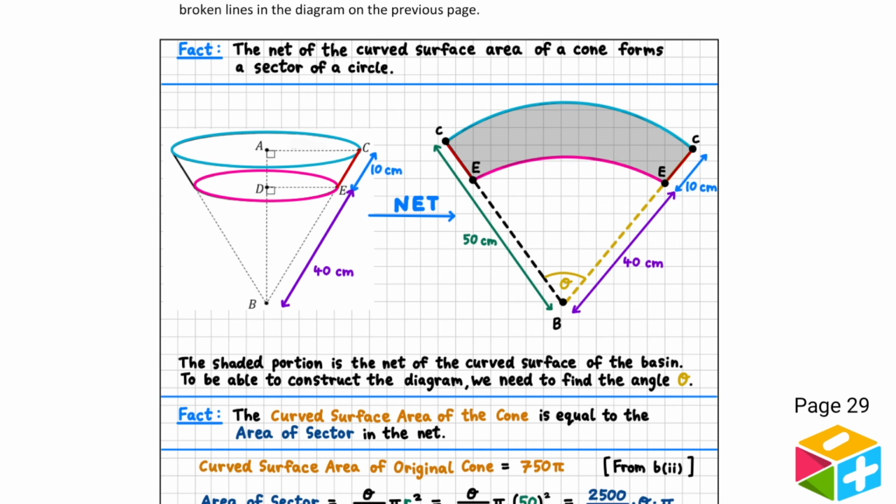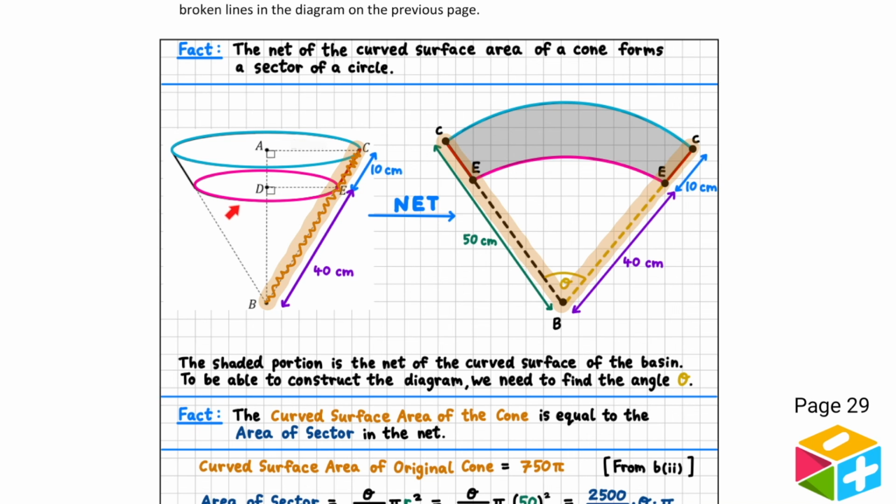Imagine that we grab a pair of scissors and cut a straight line from C to B. Then, if we unfurl the cone and push it down onto a straight surface, we'd get a picture like this on the right. The line, which we cut with our scissors, will appear on the boundaries on either side.